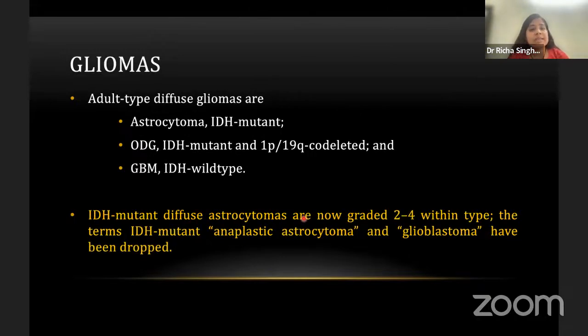The first group, adult type diffuse gliomas, has been further subgrouped into astrocytoma IDH mutant, oligodendroglioma or ODG IDH mutant, which is also characterized by 1p19q co-deletion, and the third group, GBM IDH wild type.